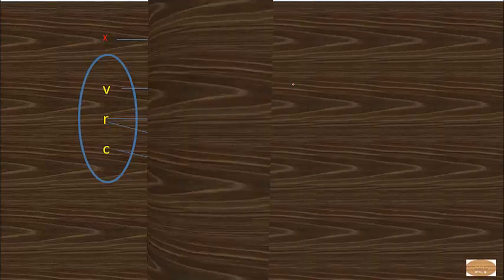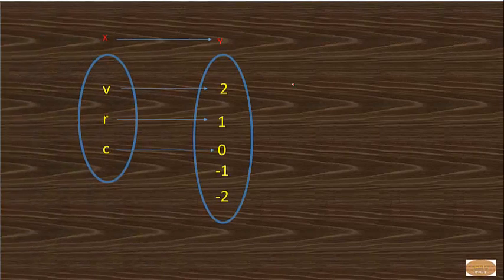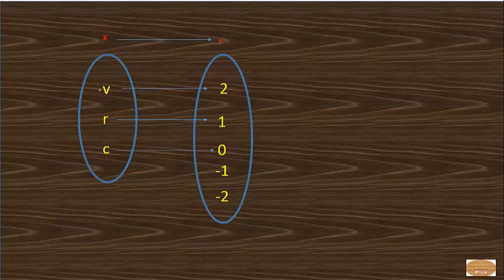Alright. So this one is a function because each member in the domain, that is the first set, has only one member, one image, in the second set.